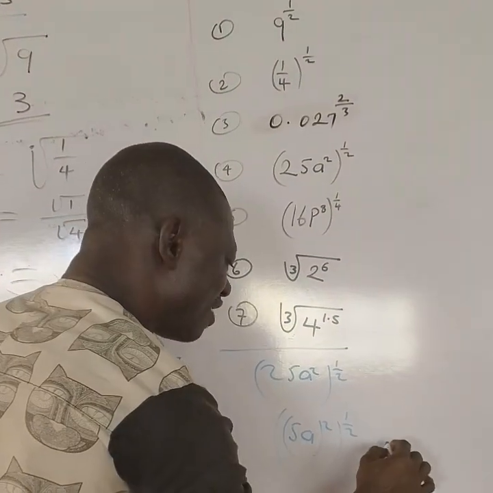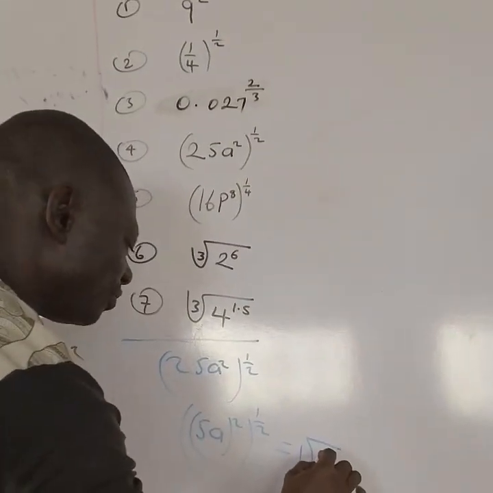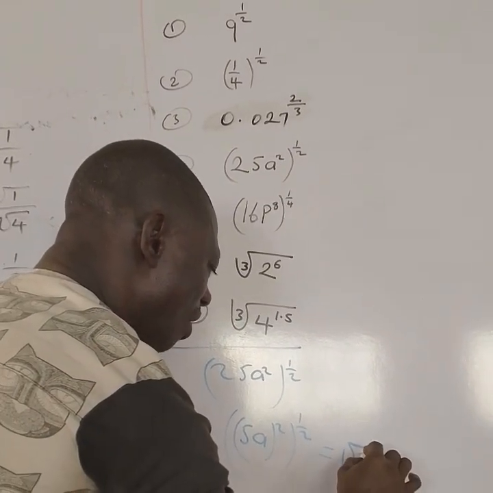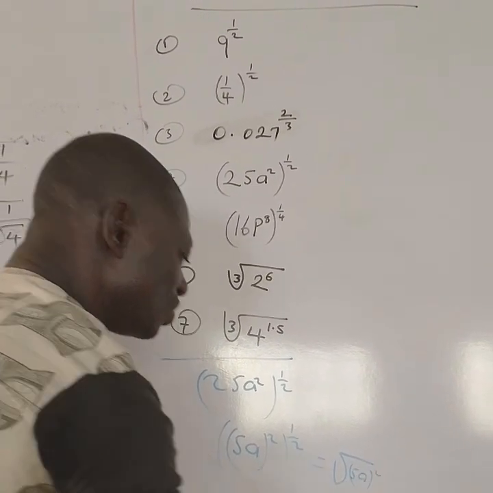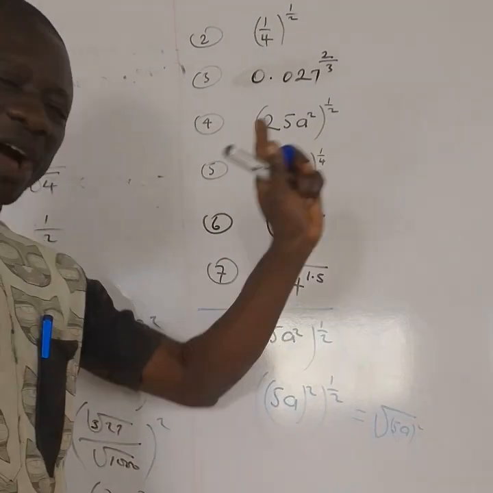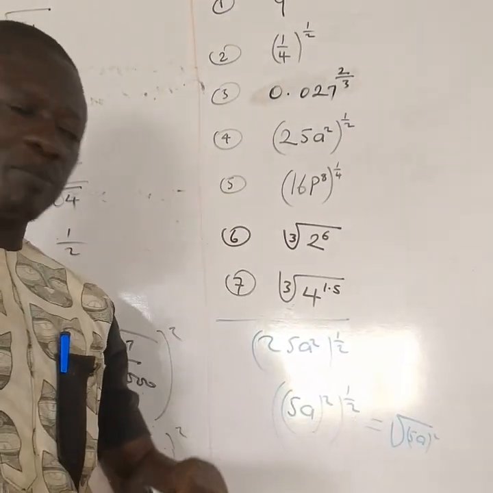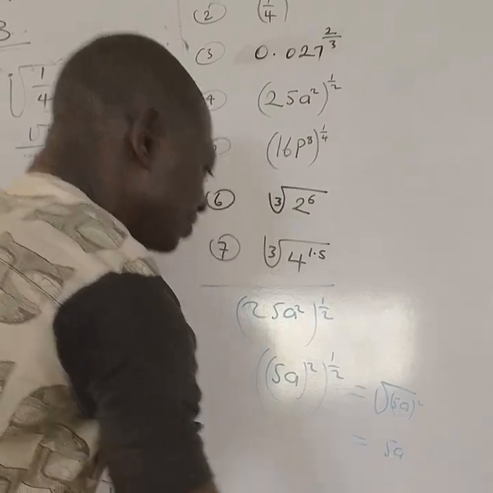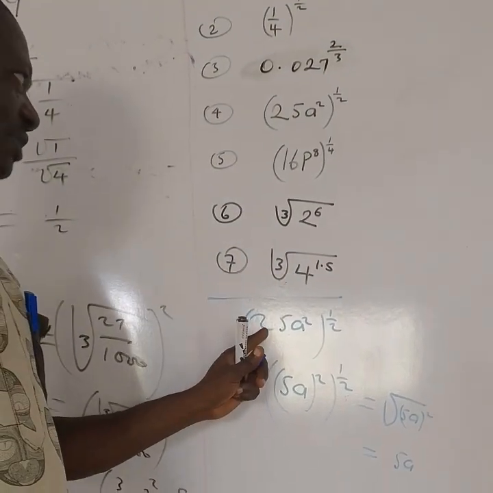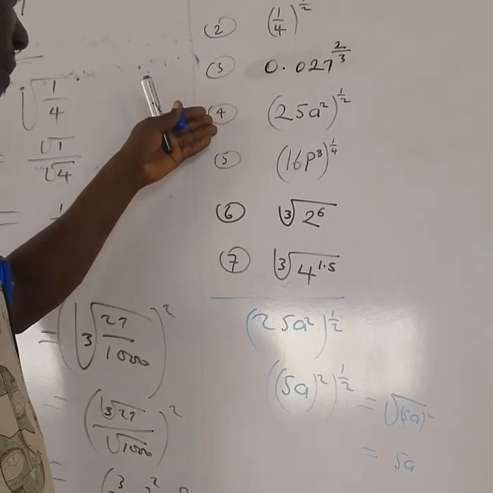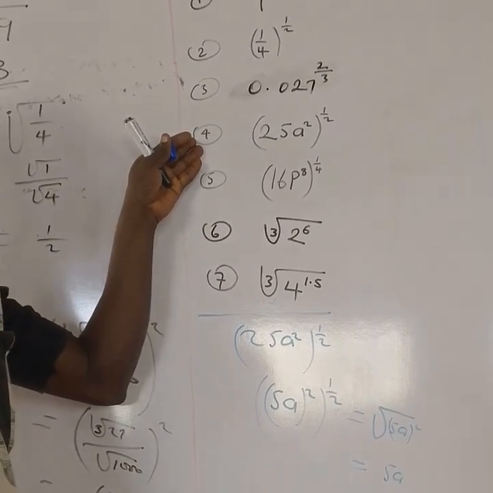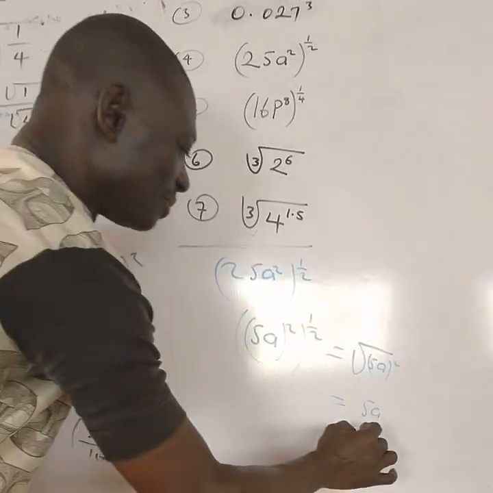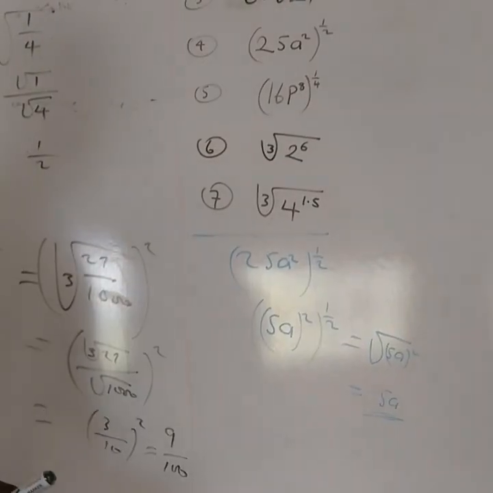That means we are going to have square root of 5a raised to the power 2. Square root of any number raised to the power 2 is that number. And so this is equal to 5a. This expression, question number 4, 25a raised to the power 2 or raised to the power 1 over 2 will give us 5a as our last answer.